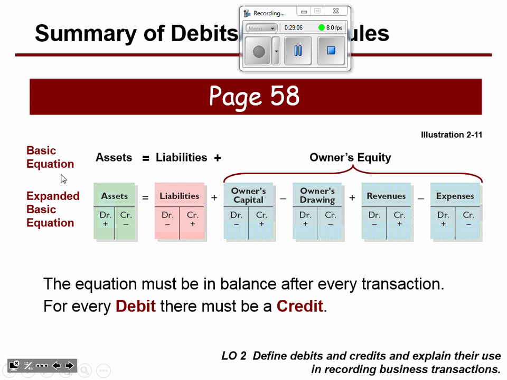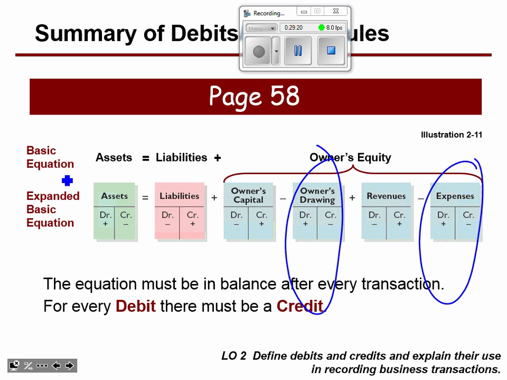This is in your notes. It's on page 58. This is exactly what I just showed you. Pluses and minuses. Remember, drawing and expenses are naughty. They're naughty because they don't follow the owner's equity credit rules.